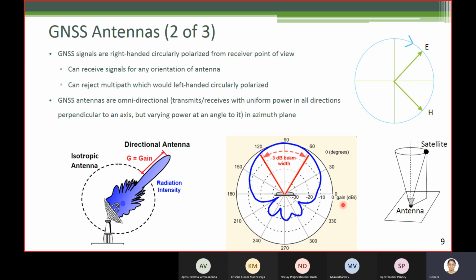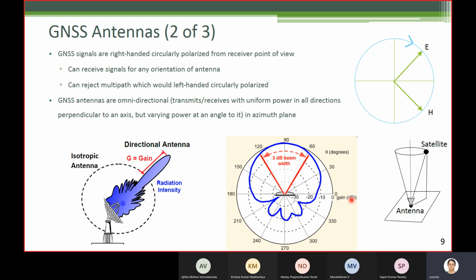Okay? The concentric circles show the gain that the antenna applies over that isotropic antenna. So the gain of an isotropic antenna is 1. G is always 1 for an isotropic antenna. So whatever gain the antenna applies is actually the gain with respect to the isotropic antenna. And you just take the logarithm of that gain, multiply by 20.